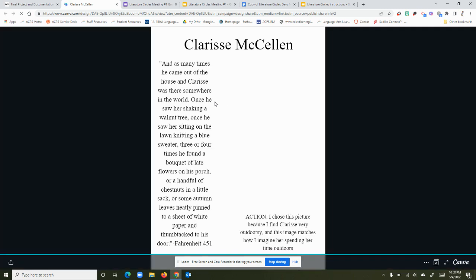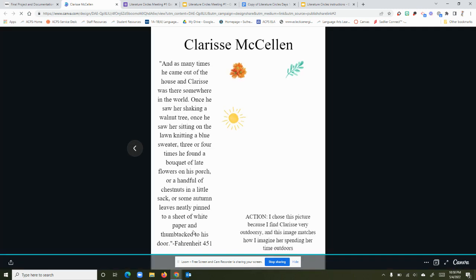This is an example of a character from the novel Fahrenheit 451, Clarice, who it seems is one of the favorite characters for any of these novels. People really connect with this character of Clarice. But as you'll be able to see once this loads up, there are some pictures in here of what the student thinks Clarice looks like based on her descriptions, and also some good text evidence.